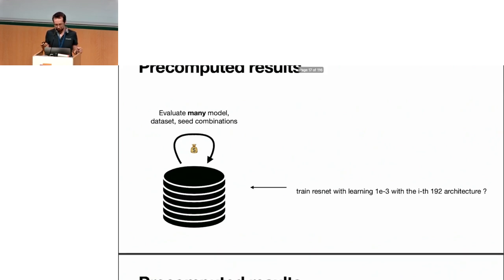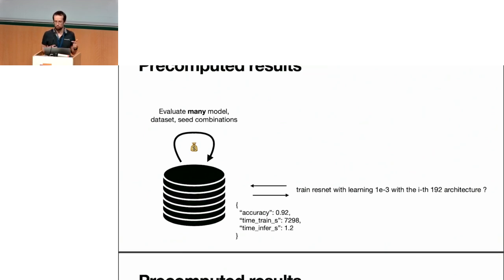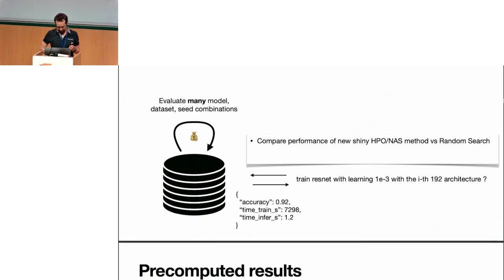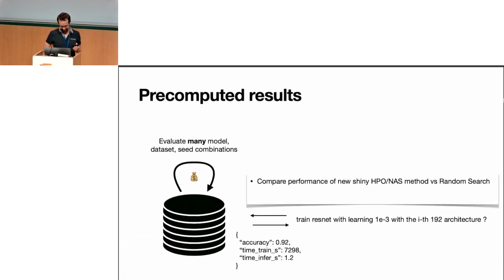So when you want to train a model, you're going to query this table instead of running the model from scratch, right? And of course, if the learning rate is slightly different, you could just use a surrogate model, so an XGBoost that's going to interpolate, and you use the result that comes out of your table or your surrogate model.